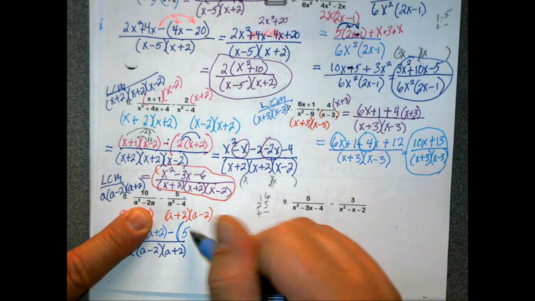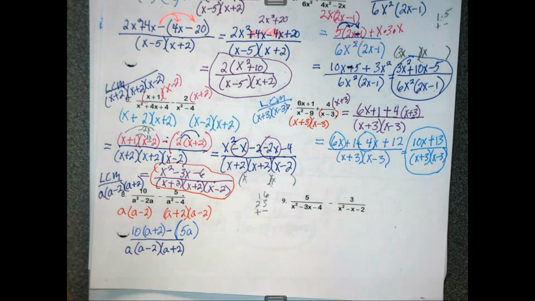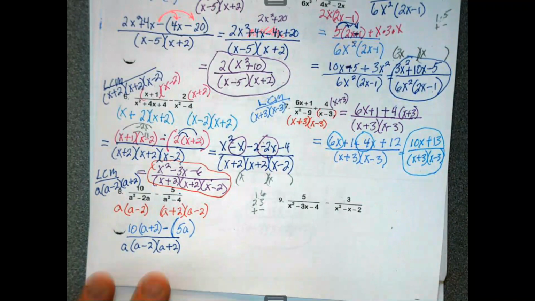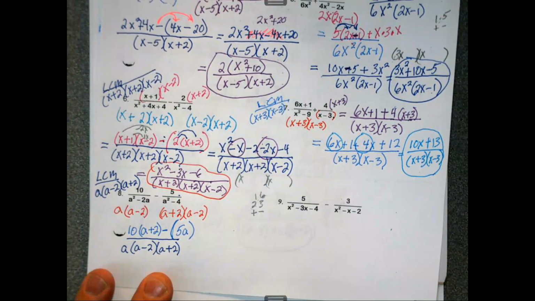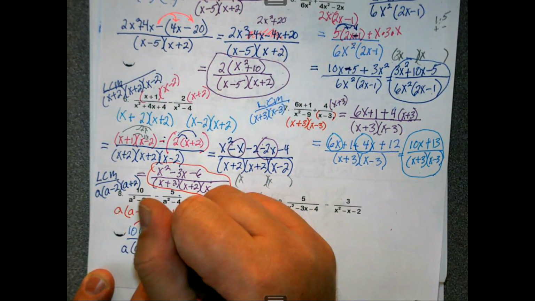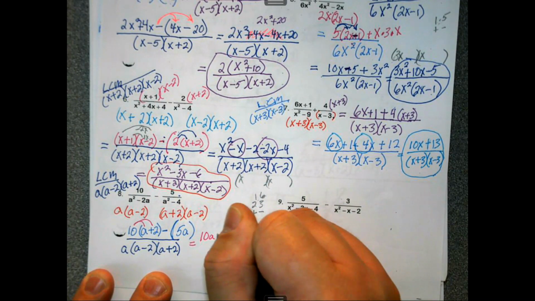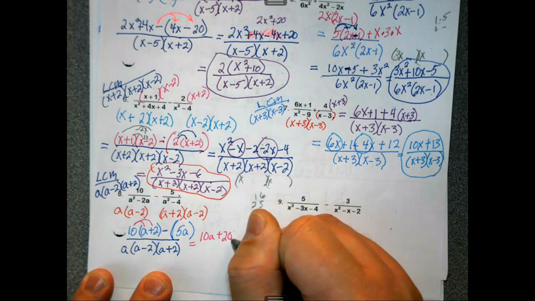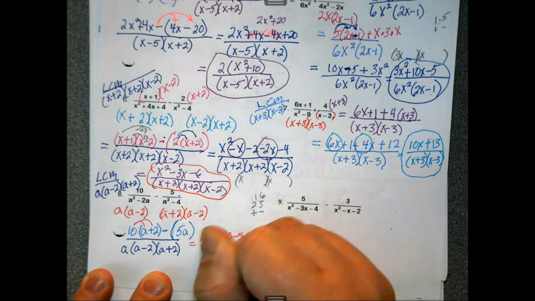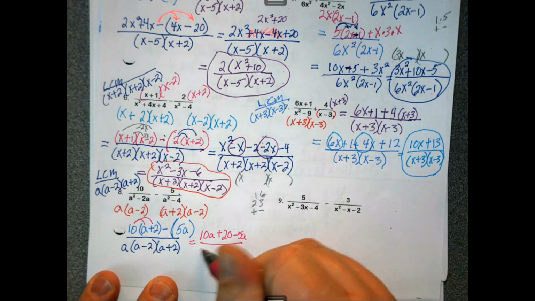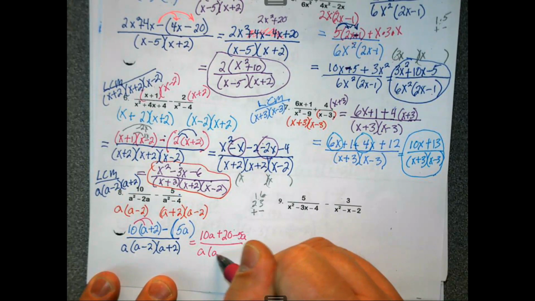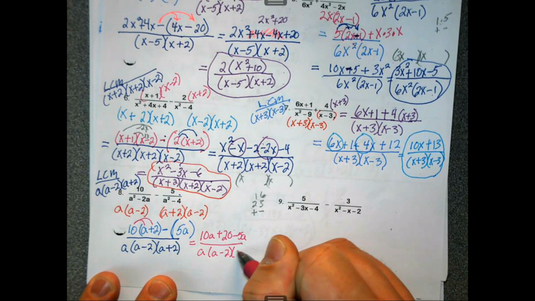So minus 5a. That's not bad. Distribute. So I have 10a plus 20 minus 5a, all over a times a minus 2, a plus 2.